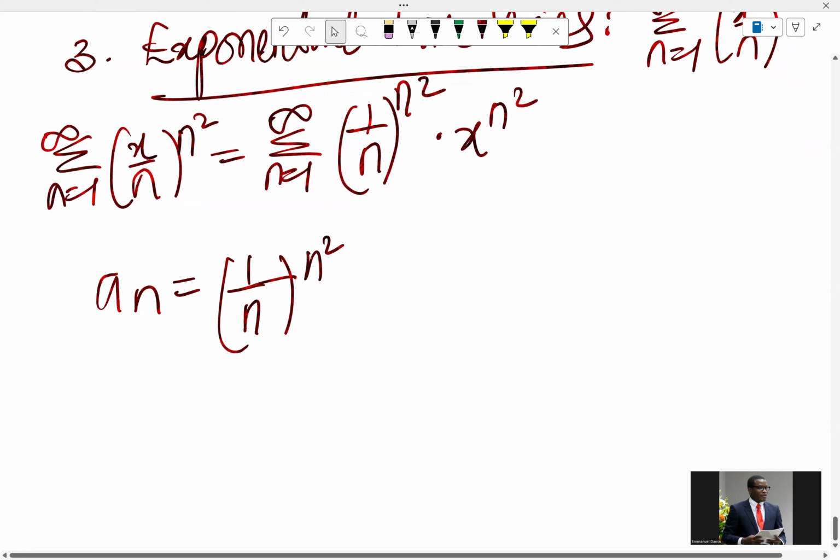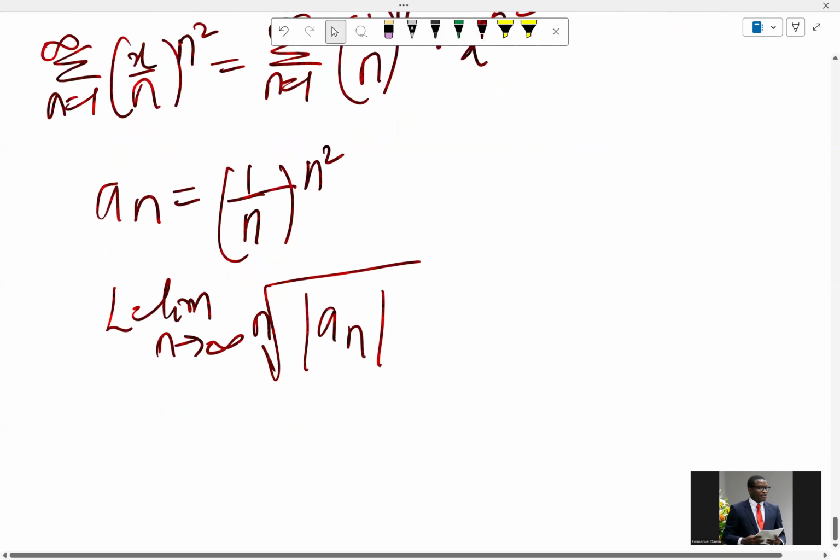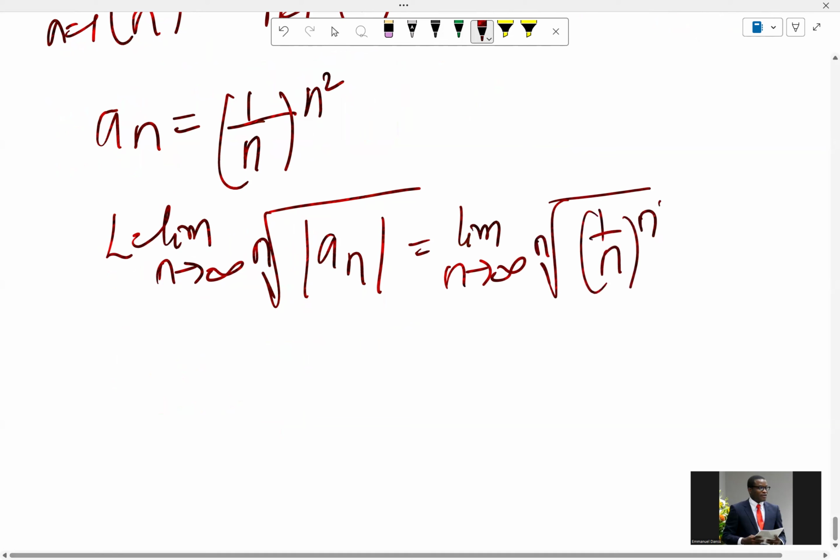If you apply the root test, we have L equals the limit as n approaches infinity of the nth root of the absolute value of a_n, like we know. That is equal to the limit as n approaches infinity of the nth root of 1 over n, all raised to the power n squared.